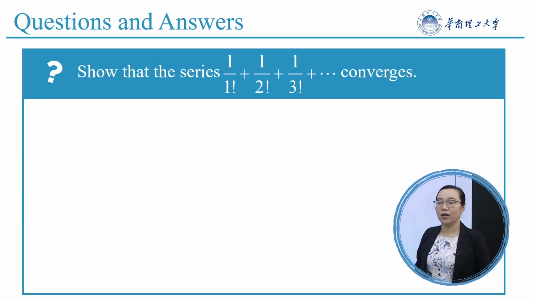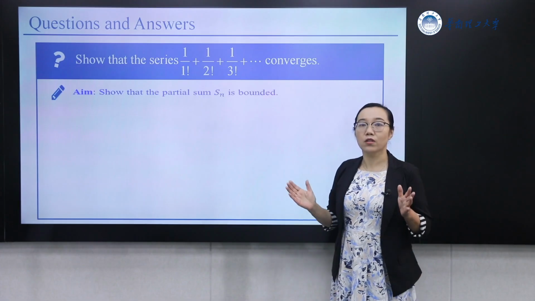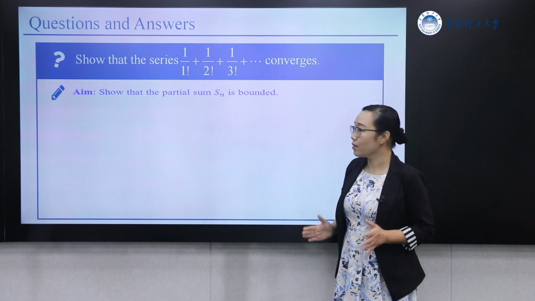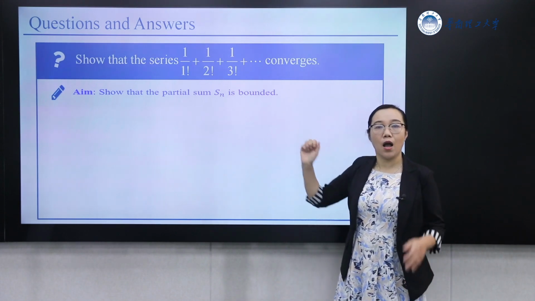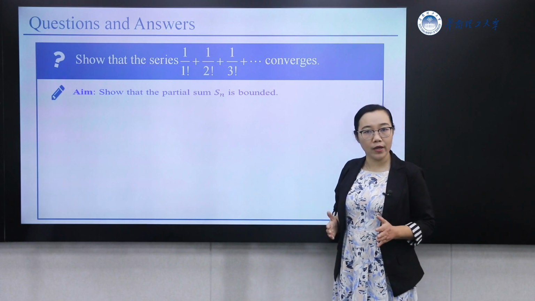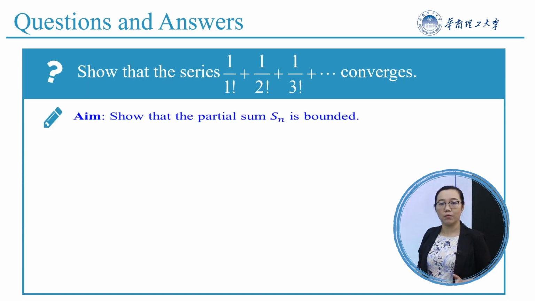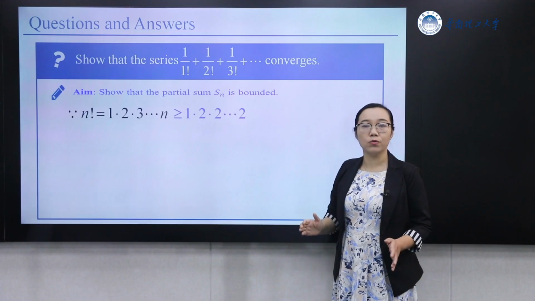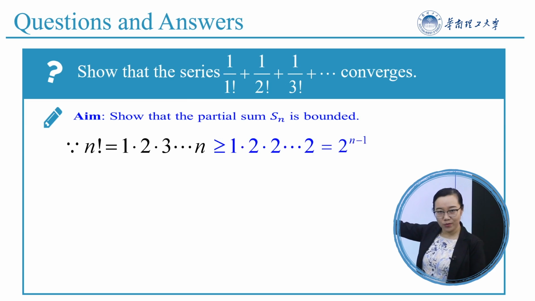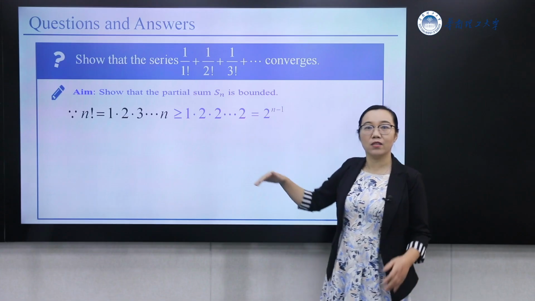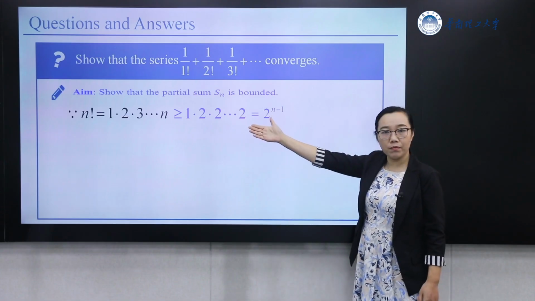Please select the series that converges. First of all, we notice that this is a positive term series. Our purpose is to show that the partial sum Sn is bounded, according to the fact that n factorial equals 1 times 2 times 3 and so on, satisfying the expression.